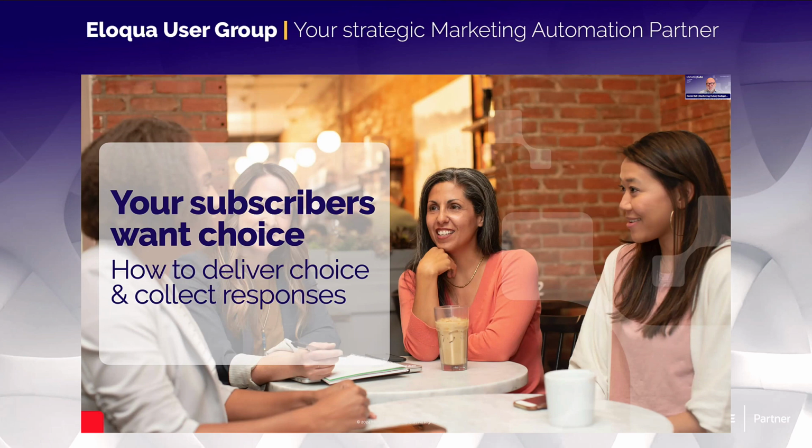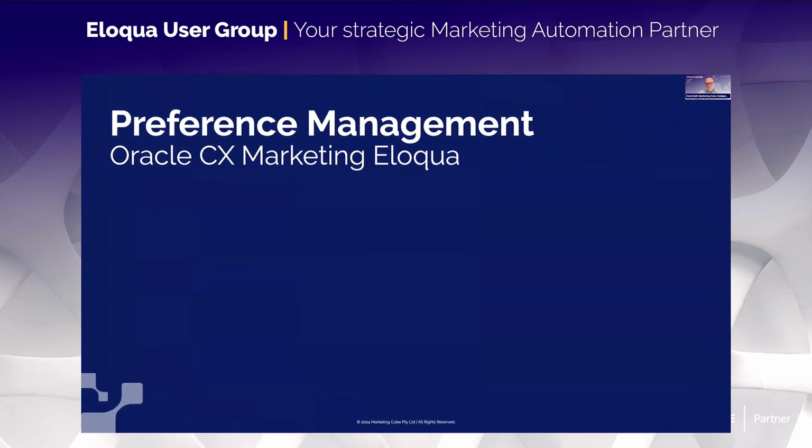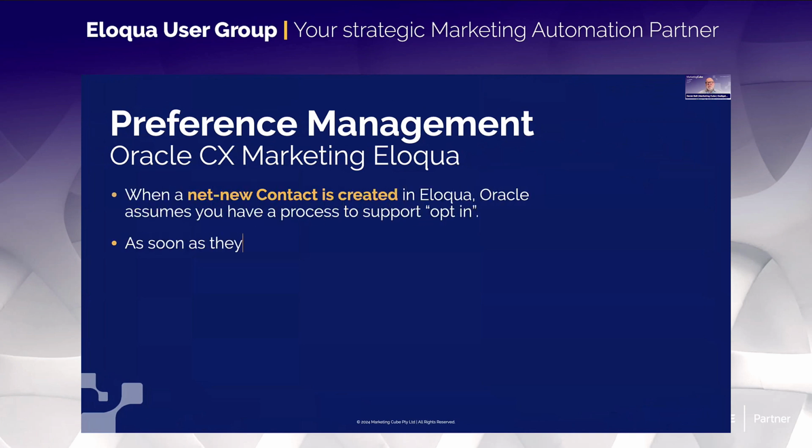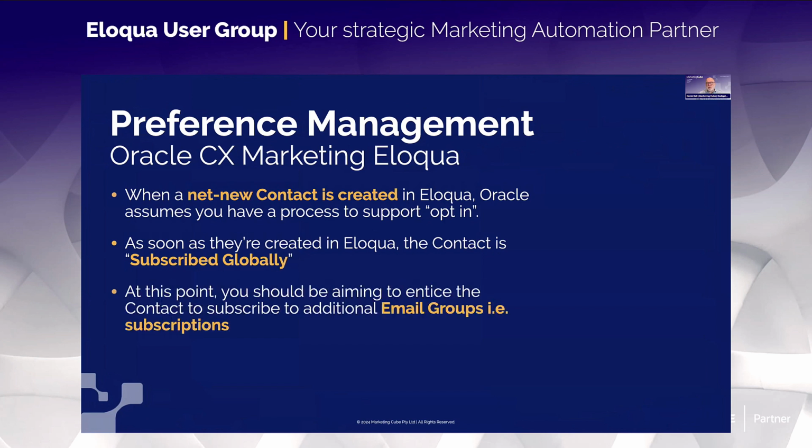So let's dive in and have a little look at preference management 101 to start with. The fundamentals from an Eloqua point of view is that when a net new contact, a brand new contact, comes into Eloqua, Eloqua assumes that you have the appropriate opt-ins in place. That means you've got a checkbox on the form, for instance, or maybe a drop down where they say yes or no in relation to opting into future marketing campaigns.